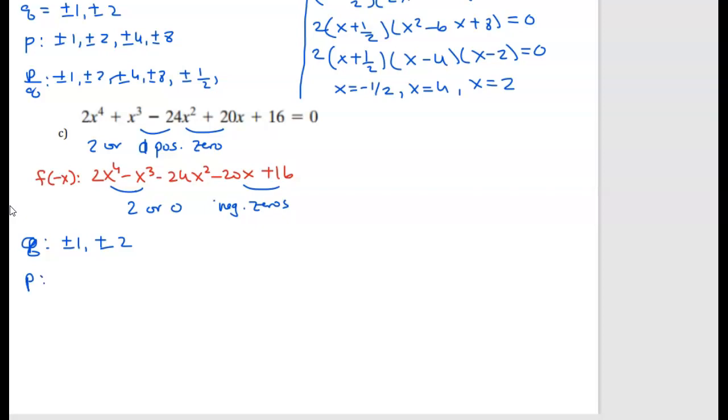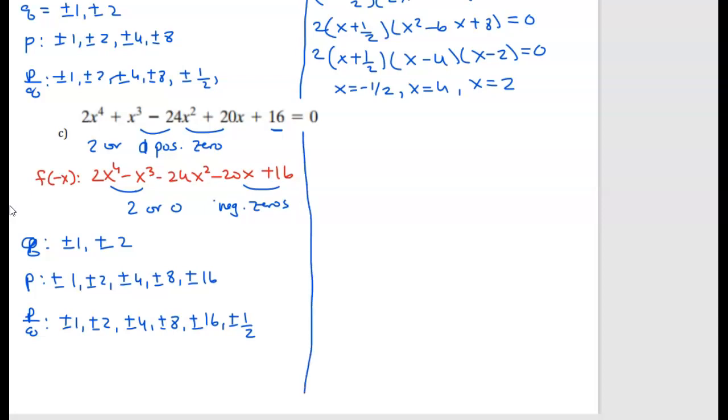And my P, factors of 16, so we have 1, 2, 4, 8, and 16. Alright, so P's over Q's, we have 1, 2, 4, 8, and 16. And then divided by 2, so plus or minus 1/2, and that's it, because this is 1, 2, 4, and 8. Good.